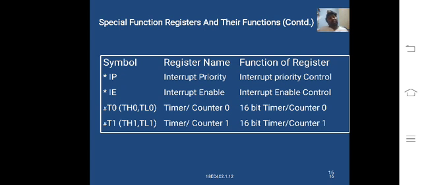Timer 0 has two registers, TH0 and TL0. The register name is timer or counter 0. The function of the register is a 16-bit timer.